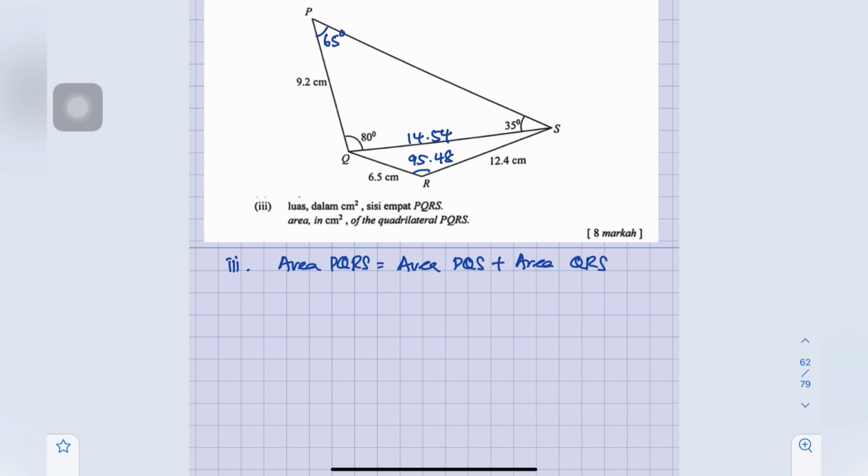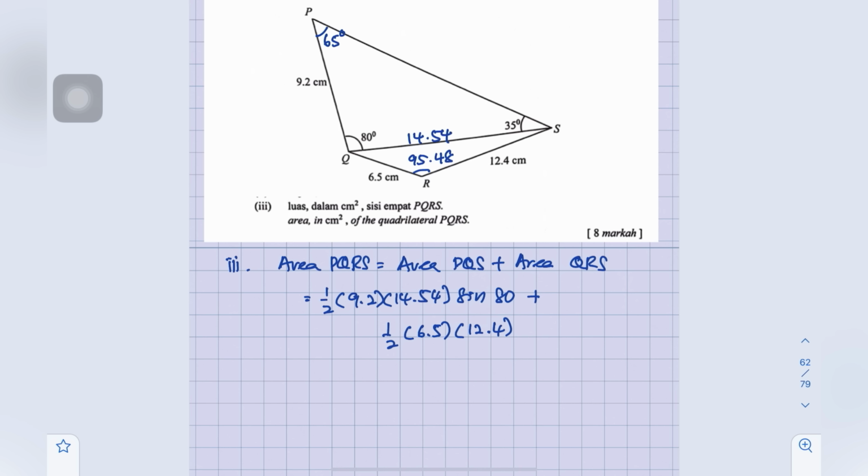For area PQS, we know the length of PQ and QS, so this is 1 over 2 times 9.2 times 14.54 sine 80, plus for the triangle QRS, 1 over 2 times 6.5 times 12.4 sine 95.48.